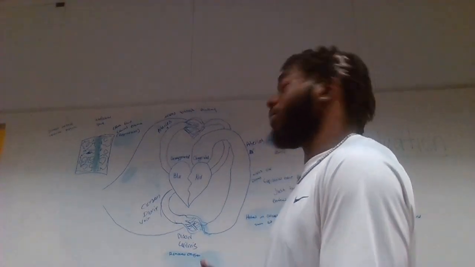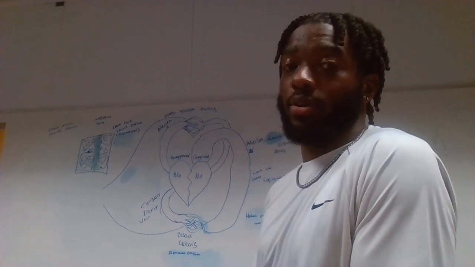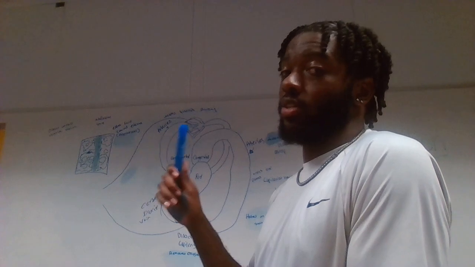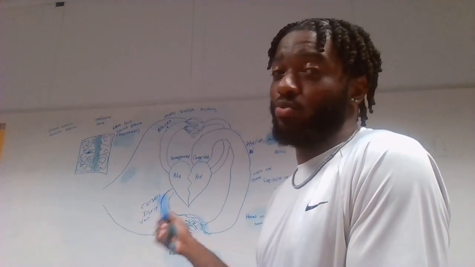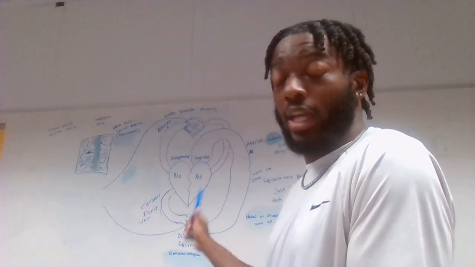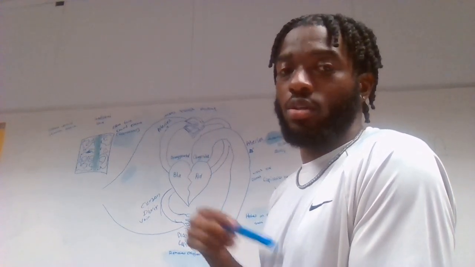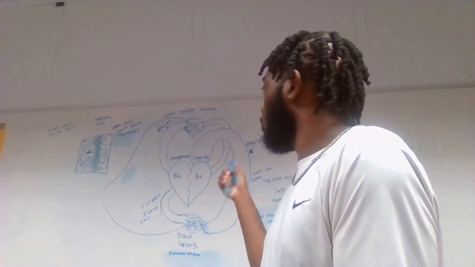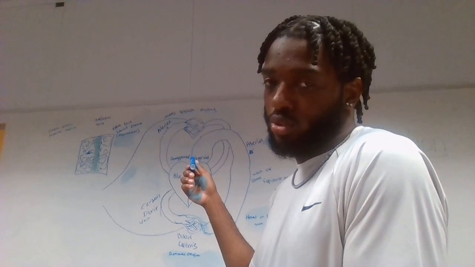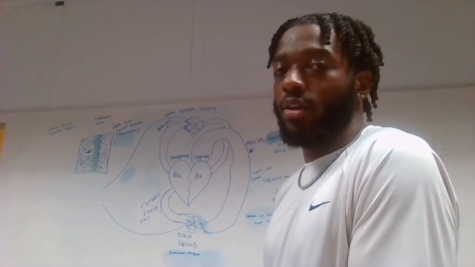So, once more, you may ask, why are there holes in the blood capillaries? The reason is because our cells exchange materials with the blood. When our cells need glucose, they are able to gain that through the little holes in the blood capillaries.